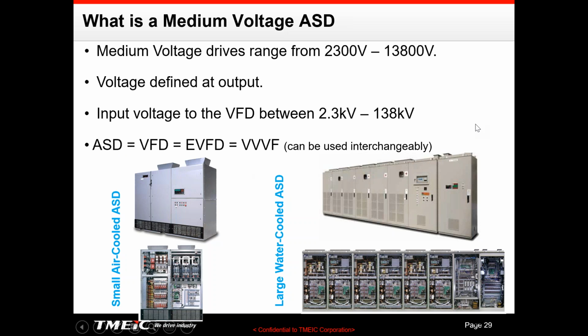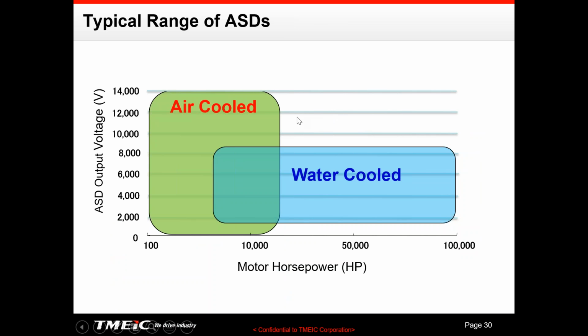So here's the typical range of the VFDs. We have an air-cooled design and a water-cooled design, and there's some overlap around the 7,000 to 12,000 horsepower range.